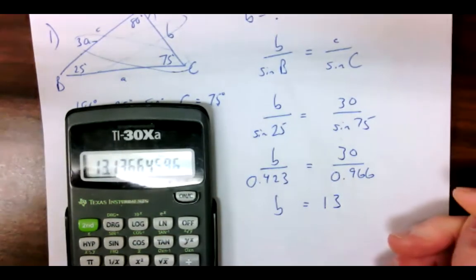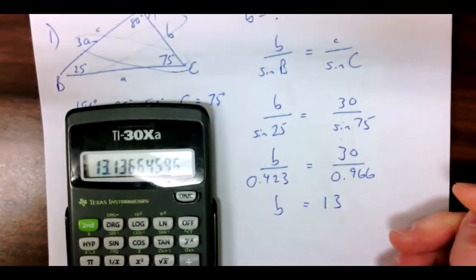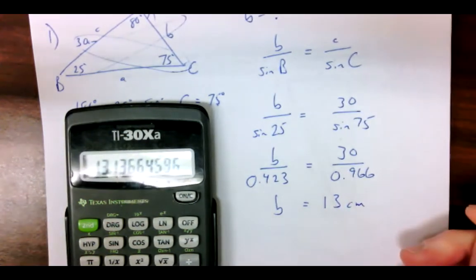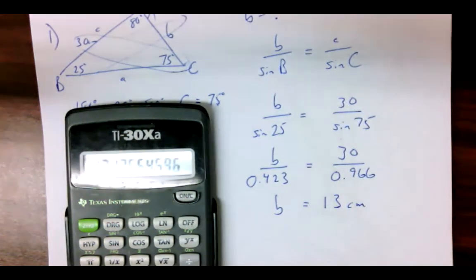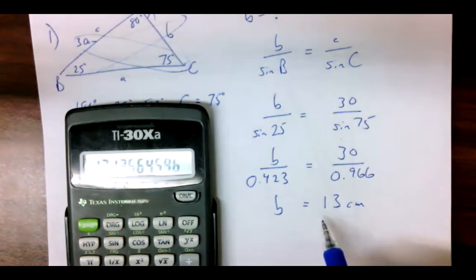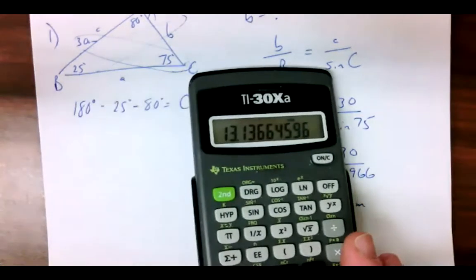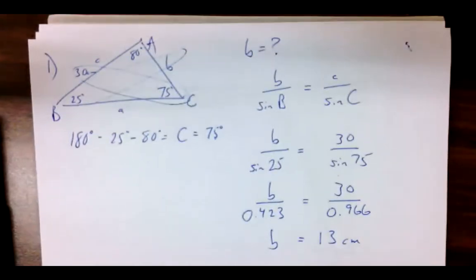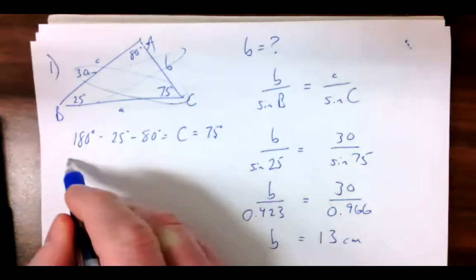It doesn't say, used to physics, it always tells us what decimal place to go to. If it doesn't say, then it's up to you. I'll just say 13 centimeters. Textbook says 13.13, whichever. You're going to have to round at some point. I'm not interested in you writing that whole thing down. So side B is 13 centimeters. Any questions about that? Does that make sense?